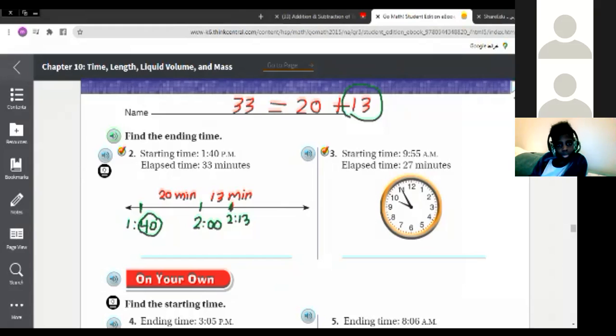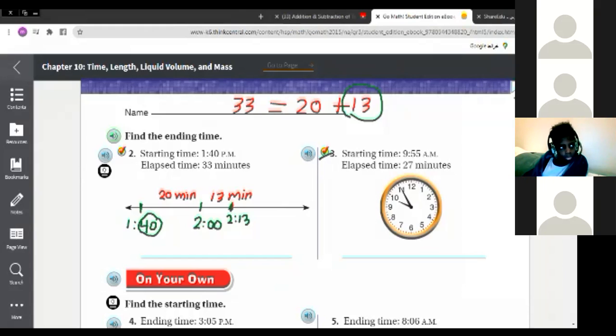Yes. Question 3, starting time 9:55, elapsed time 27 minutes. Look at the starting time 9:55. How many minutes should I need to get 10 p.m.? Only 5 minutes. That's right, only 5 minutes. So take out 5 minutes from 27. What is the rest?